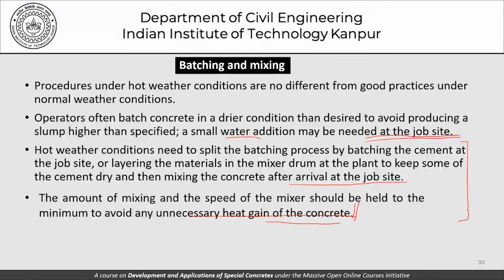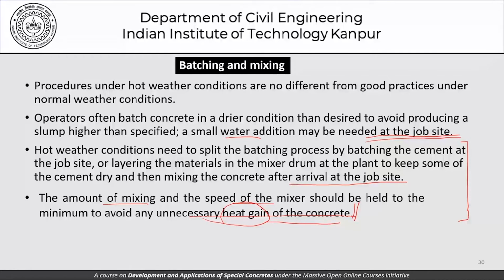What's being said is that as far as mixing is concerned, try to reduce or restrict the amount of mixing and the speed of the mixer to the extent that you do not have an unnecessary heat gain during mixing, because that would push the temperature of concrete. That something should be avoided. We are talking in terms of the need to add water at site if it is required.